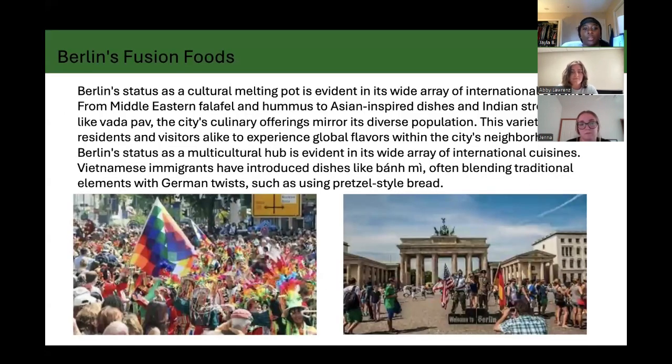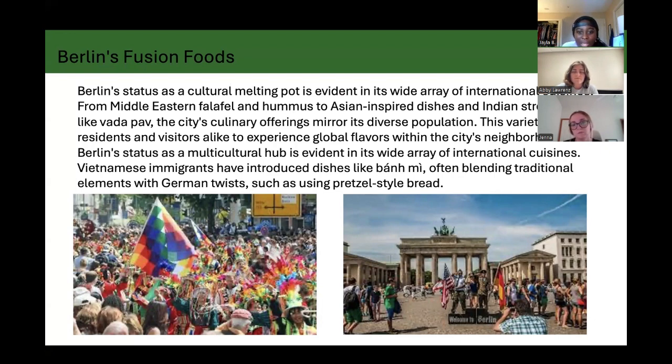Another part we researched was Berlin's food, and how that plays into their multicultural atmosphere. Berlin is a hub for a wide array of international cuisines. From places like the Middle East to Asian-inspired dishes, a lot of those play a huge part within the city's culinary diverse population.